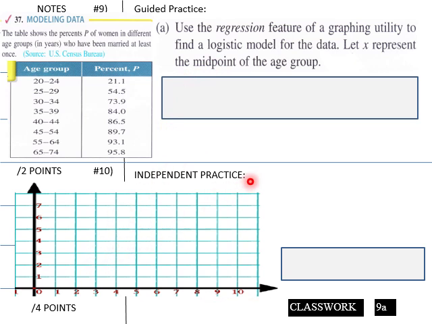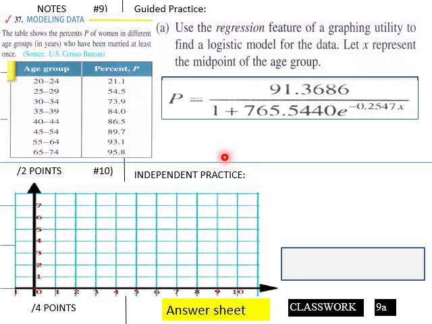Then we have a grid down here. So by plugging this into your calculator and then using your logistic model regression function, you should come up with this expression here of a logistic model.